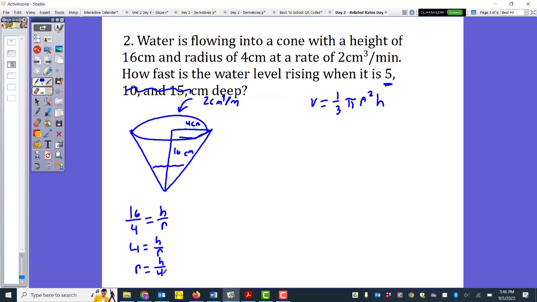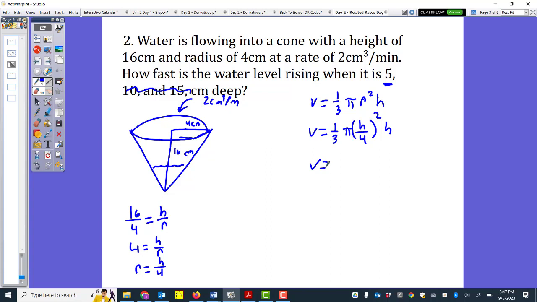What that allows us to do is rewrite this, so that we're only dealing with one variable. So we have volume equals, and that's 16 times 3.